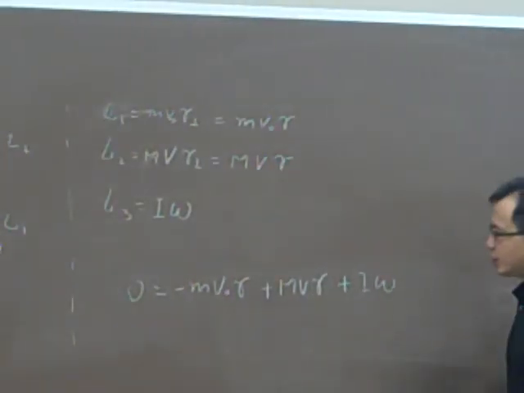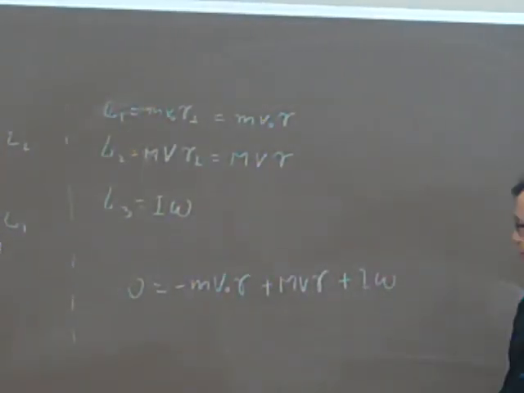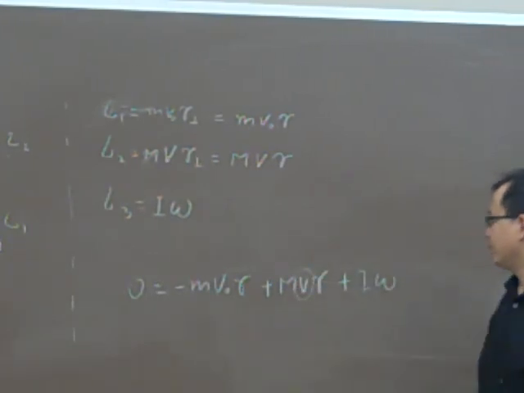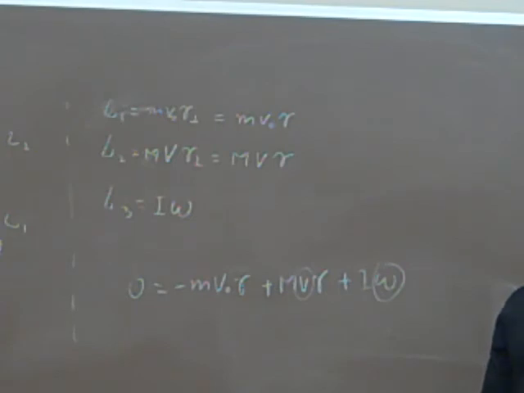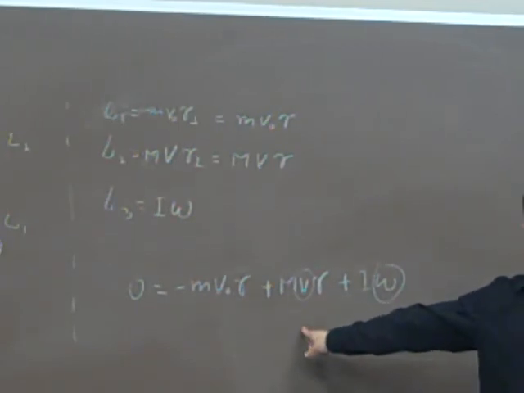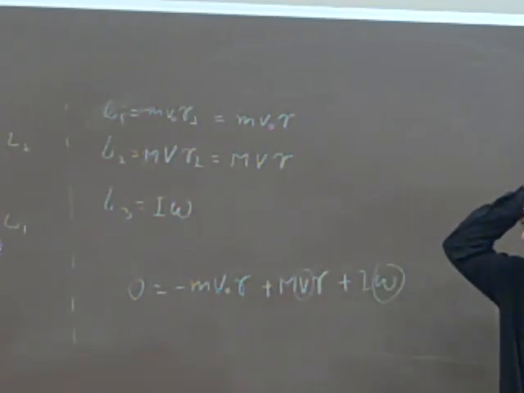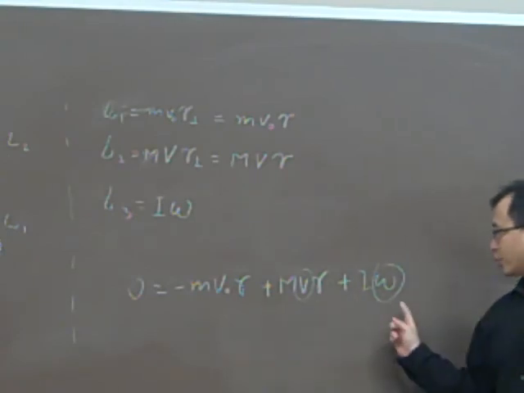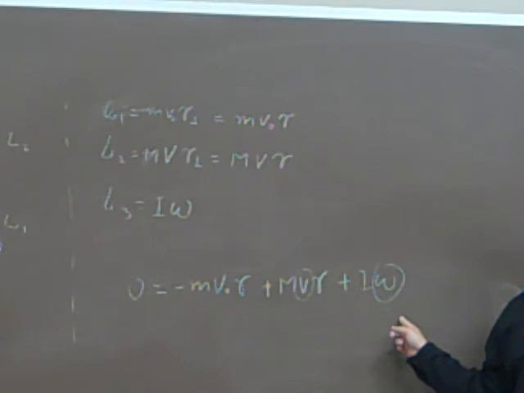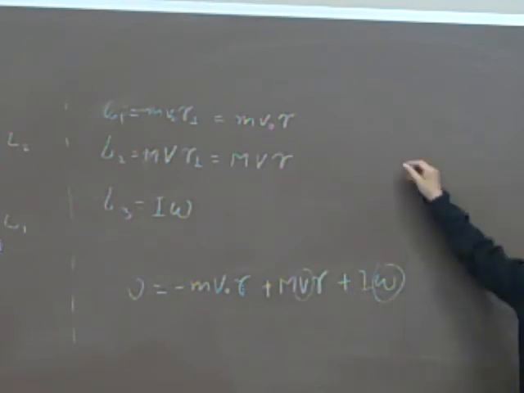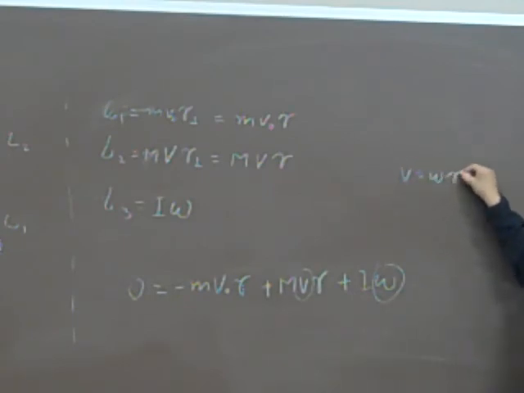So there is one issue here: we have two unknown quantities, v and omega, so you will not be able to solve it with one equation. How can we do that? Please note that there is a relationship between v and omega. What's that? v equals omega r, right? The tangential velocity equals the angular velocity multiplied by the radius.